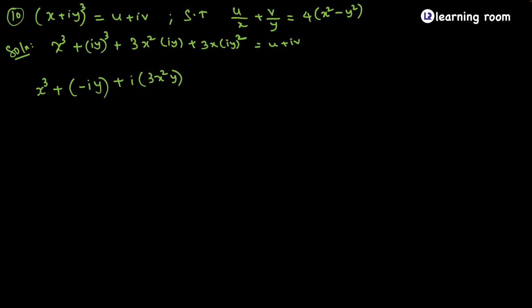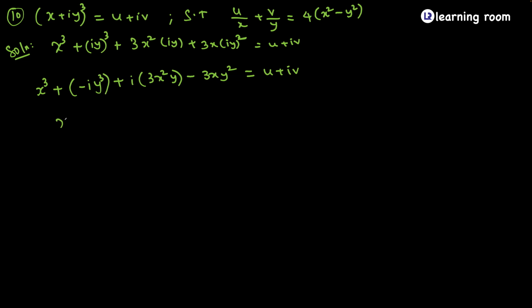Here you have i square, which is minus 1, so you will have minus 3x y square, is equal to u plus iv. So it is x cube minus i y cube plus 3x square y i, minus 3x y square is equal to u plus iv.